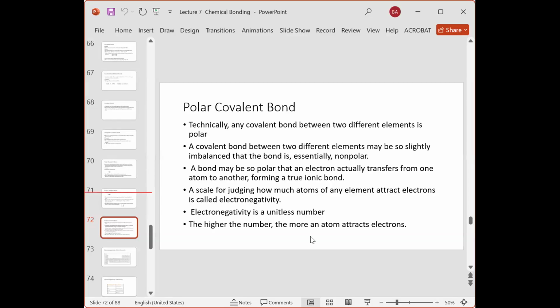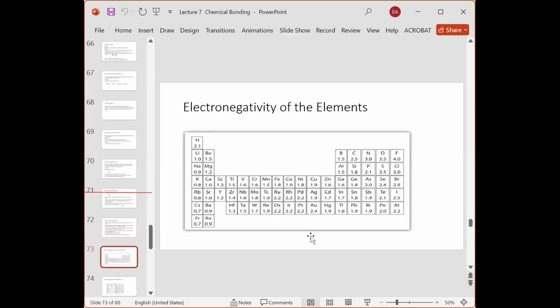So we use electronegativity to make predictions to see whether this atom will attract more electrons to itself than that one. Let's see, we have a table like this, or a chart. Let me enlarge it a little.